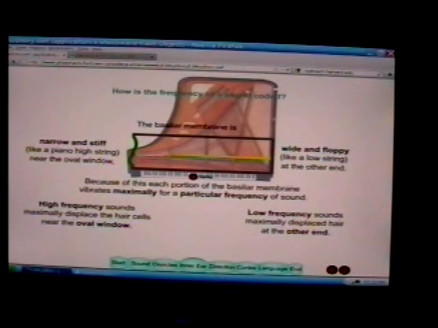The way this animation works, the highest pitch is registered by hair cells closer to the oval window. Hair cells that are farther down the membrane are maximally responsive to lower frequency sounds.